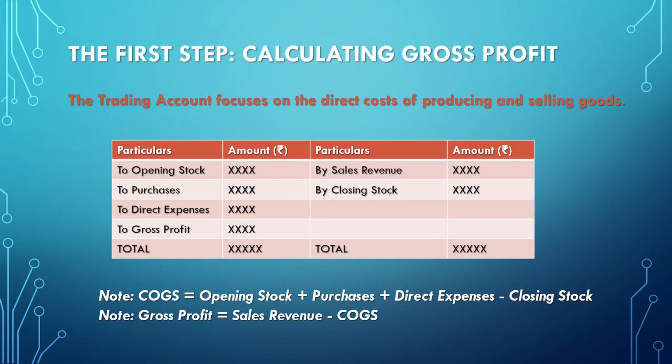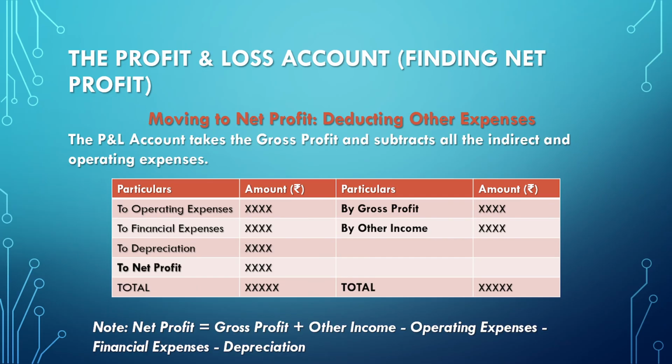Here we only take indirect expenses, that is, operating expenses. So gross profit plus other income minus operating expenses, minus financial expenses like bank interest or bank charges, minus depreciation, you will get the net profit. Okay, have you understood it?